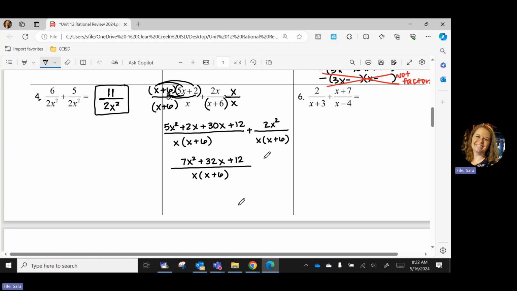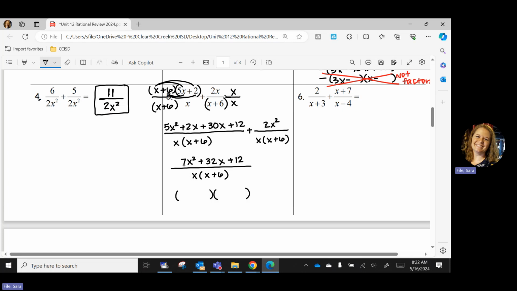We did guess and check, we did grouping, we did box method. So you can choose your factoring method when you want to try to factor. I tend to just use guess and check, but you don't have to if you want to choose a different method.